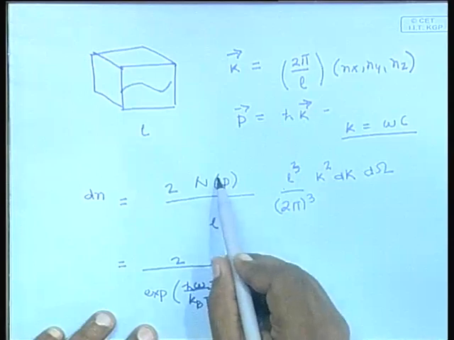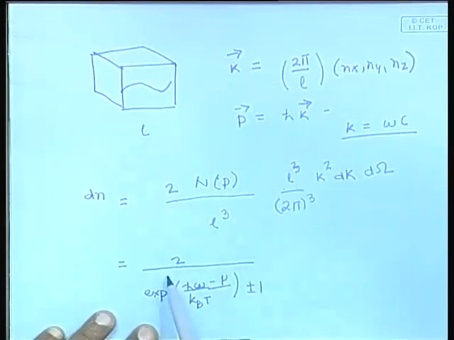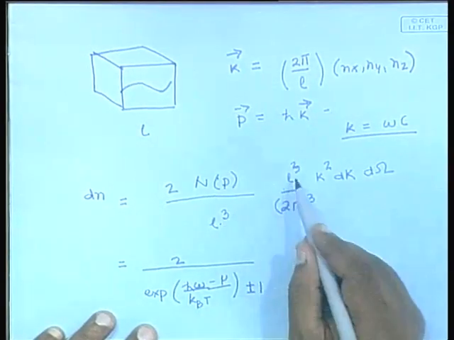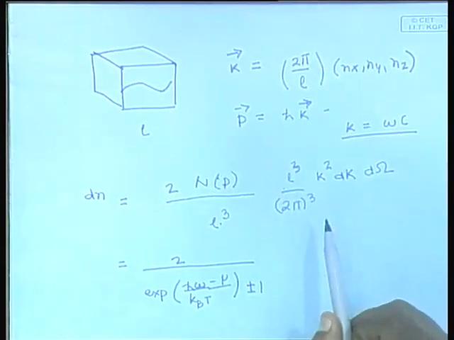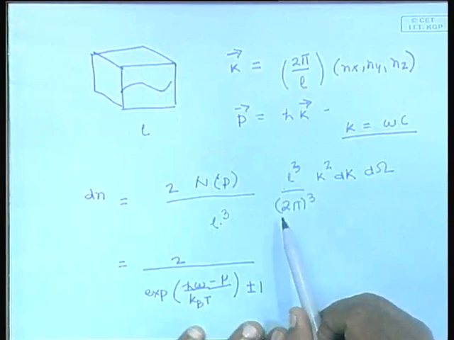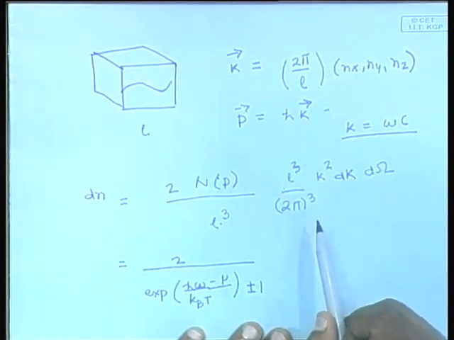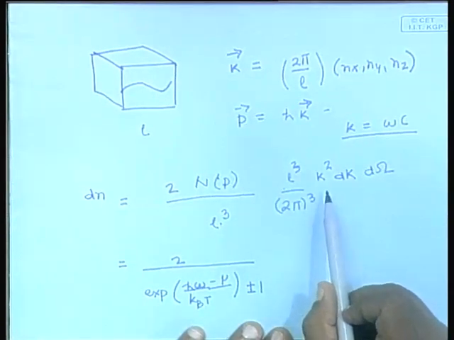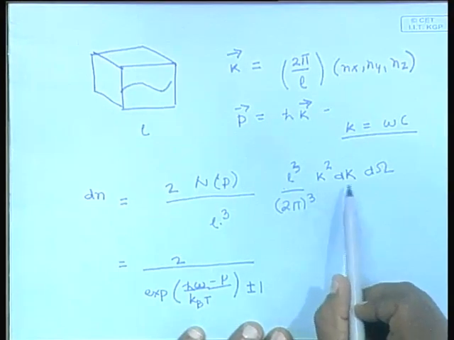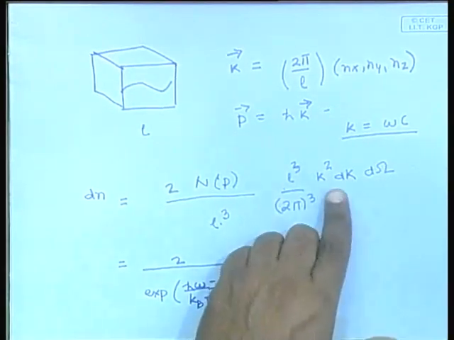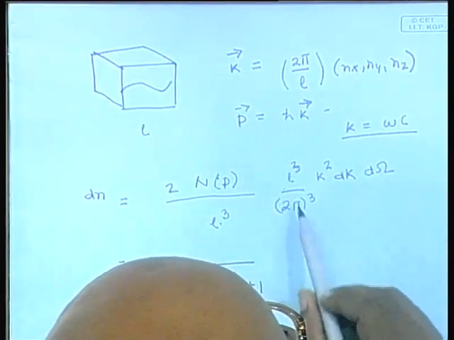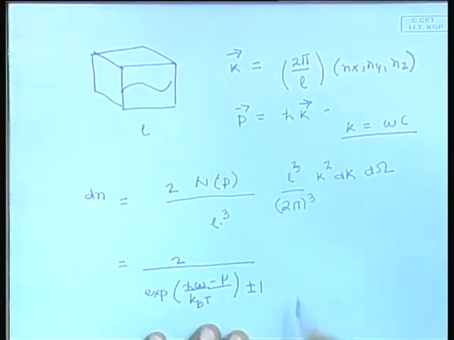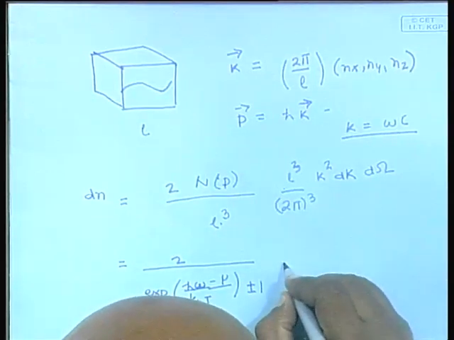So, this is the occupation number, this is a factor of 2, the L cube cancels out, there is a factor of 2 pi cube over here, k square dk. So, this cancels out, and then we have a factor of 2 pi cube over here.